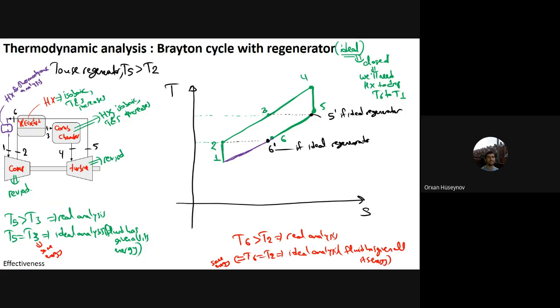You have two heat additions here. So 2 to 3 comes from this regenerator, and from 3 to 4, you have the heat exchanger, that is the combustion chamber. So two heat addition processes, one from the regenerator and one from the combustion chamber. And this is the Brayton cycle with the regenerator.